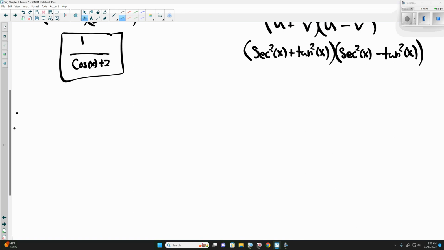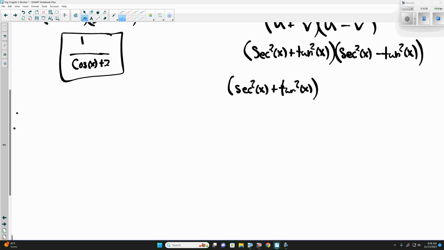Now this here, secant squared plus tangent squared is as factored as it gets, because we don't have a sum of perfect squares. We have a sum of perfect cubes, but not a sum of perfect squares.